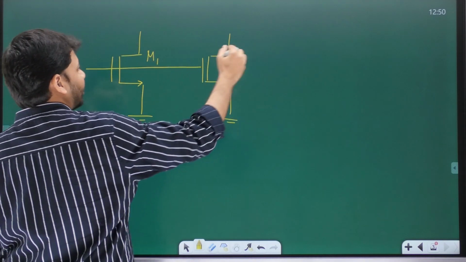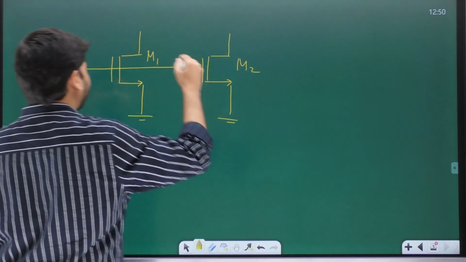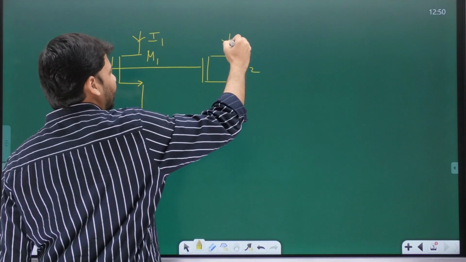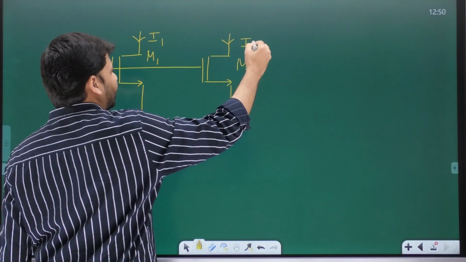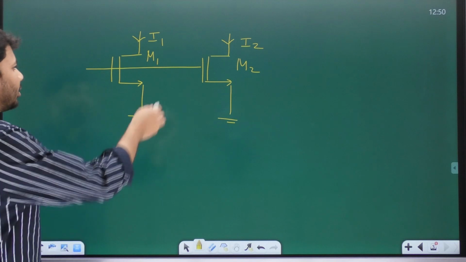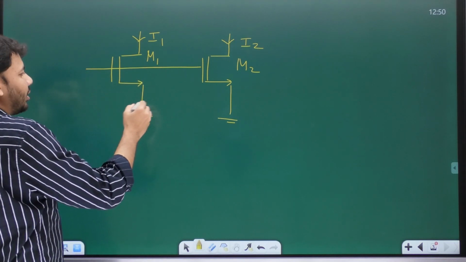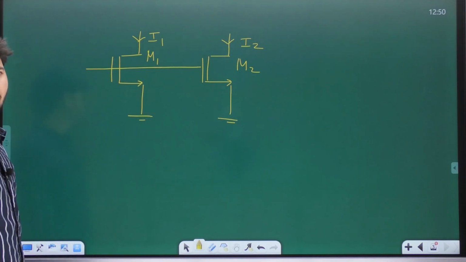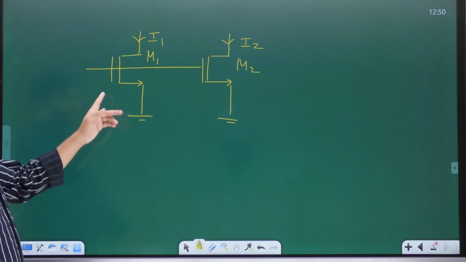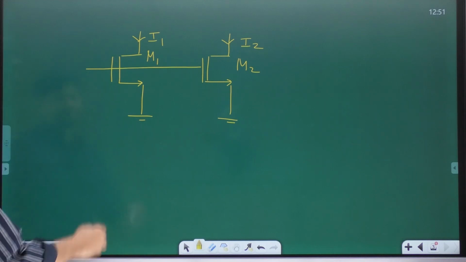Let this be M1, let this be M2, let the drain current for M1 be I1, and let the drain current of M2 be I2, and look at how they are connected. Are they not connected in parallel? Both the gates are shorted together, and both the sources are shorted to ground. Gates at the same potential, sources also at the same potential. M1 and M2 both are in parallel, okay?